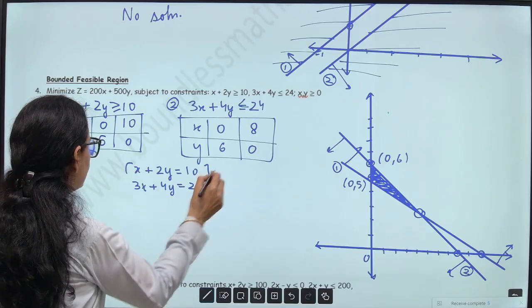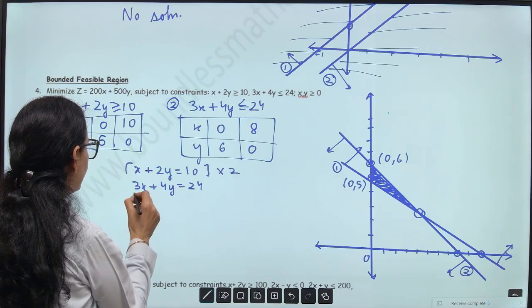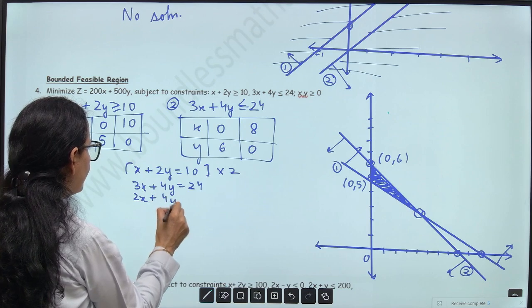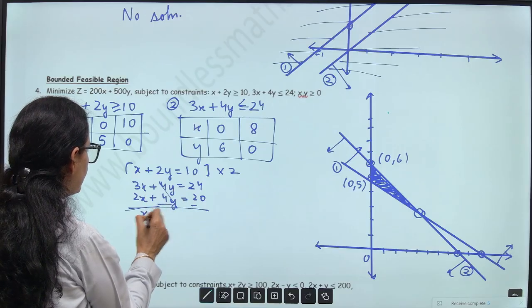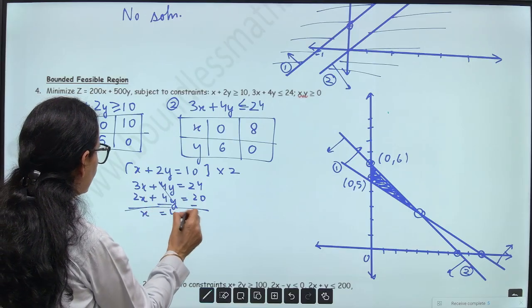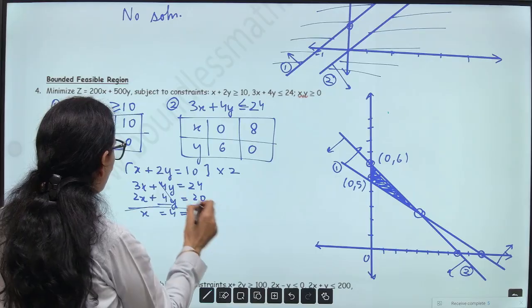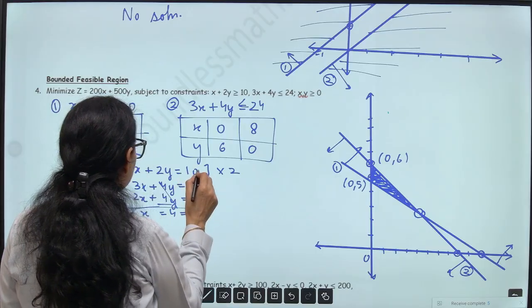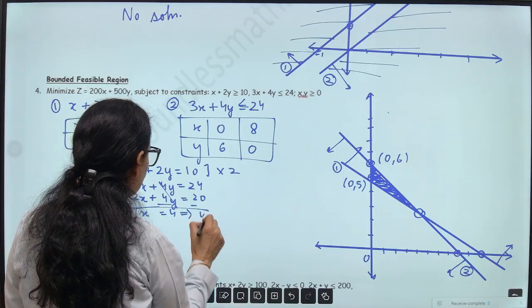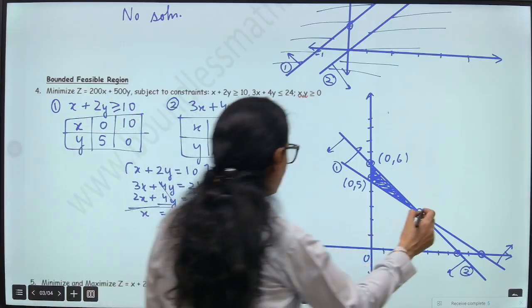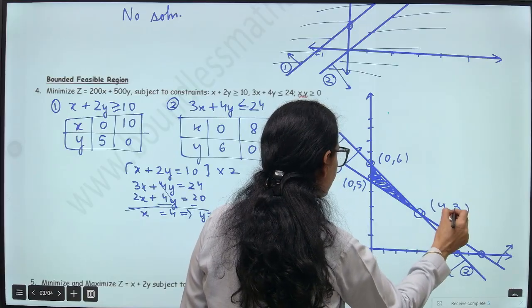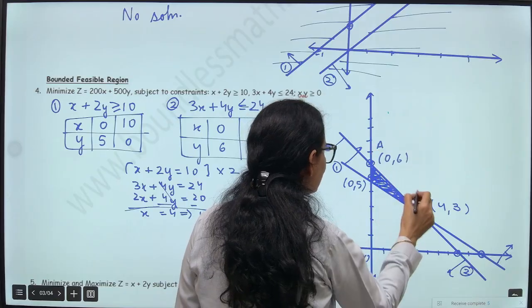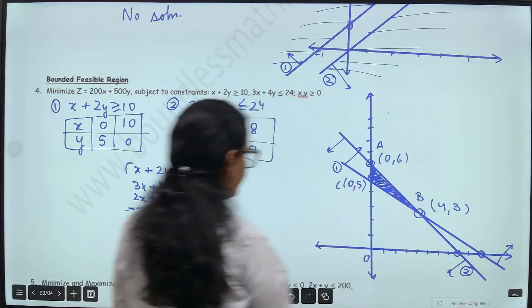If I multiply the first inequality by 2, I get 2x plus 4y equals 20. And then solving this gives me a value of x as 4. If I put x as 4, 10 minus 4 is 6 and half of 6 is 3. So that means y is 3. So that means this point of intersection is 4, 3. So I have three corner points A, B and C, right?